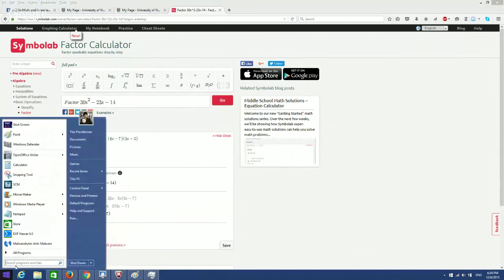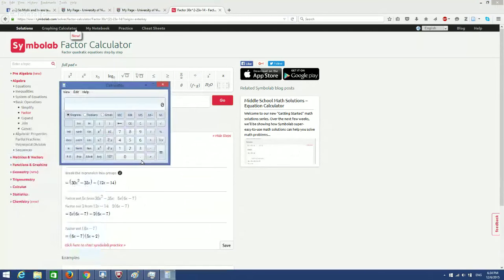Let me grab the calculator again. 30 times negative 14 equals negative 420. Now that will also give us negative 35 times 12. So yeah, negative 35 times 12. So we'll be grouping this.